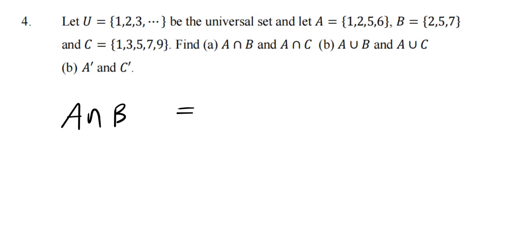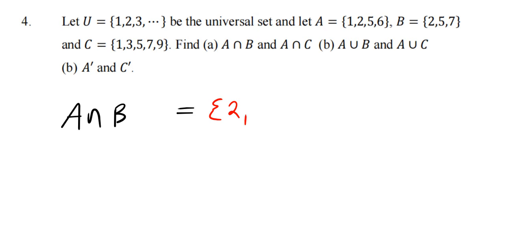In A we have 2, in B we also have 2. In A we have 5, in B we have 5. In A we have 6, in B we have 7. So the only common elements there are 2 and 5. So that would be A intersection B.